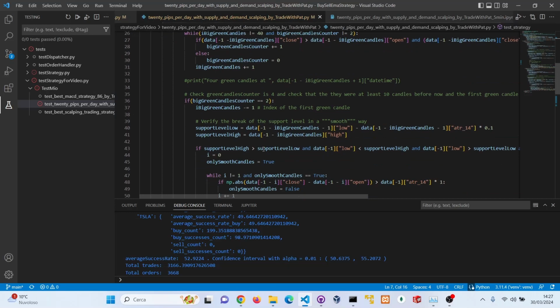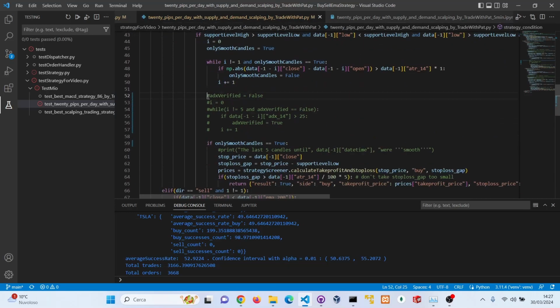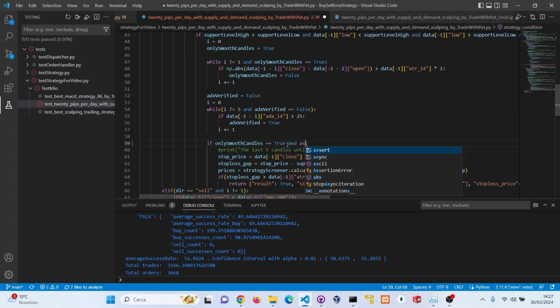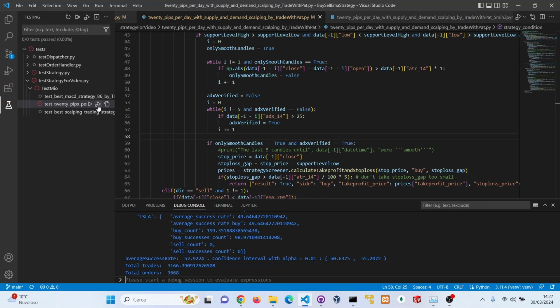So let's add this filter to our strategy. Let me uncomment this line and these lines, and let me add this filter, and let's run again.